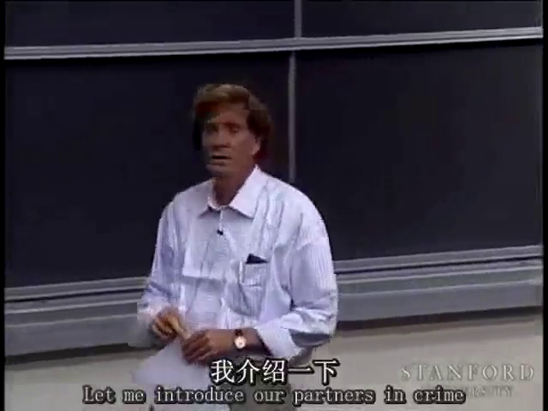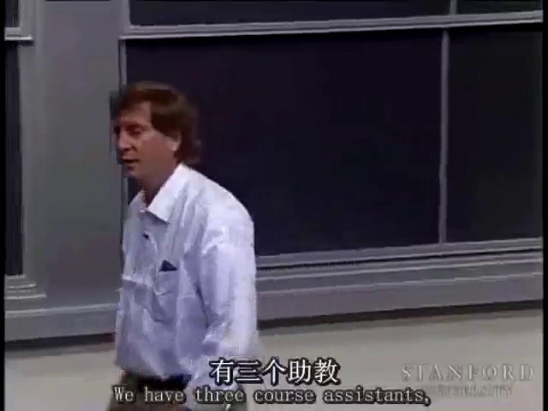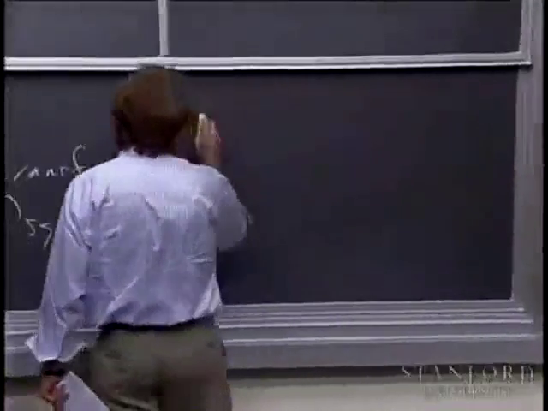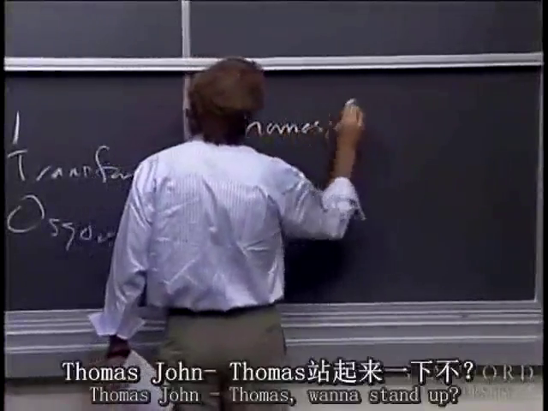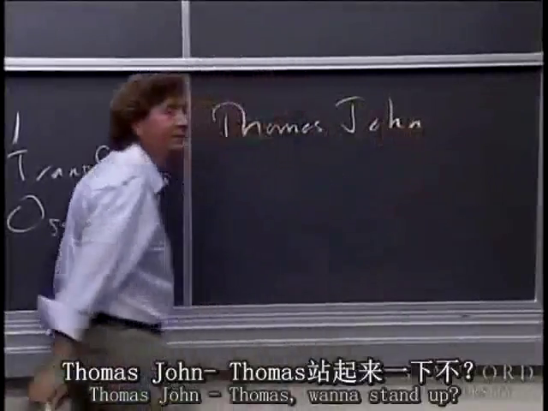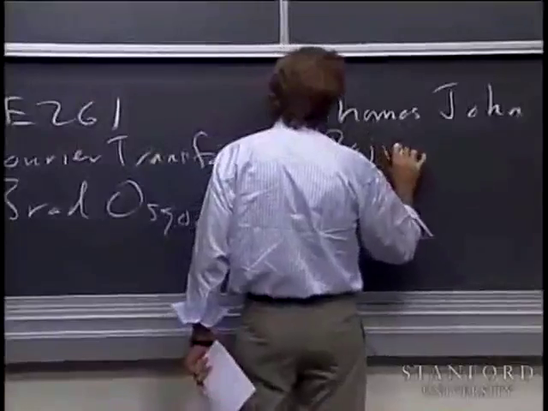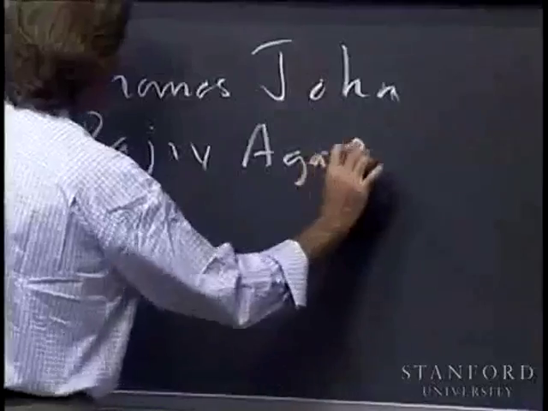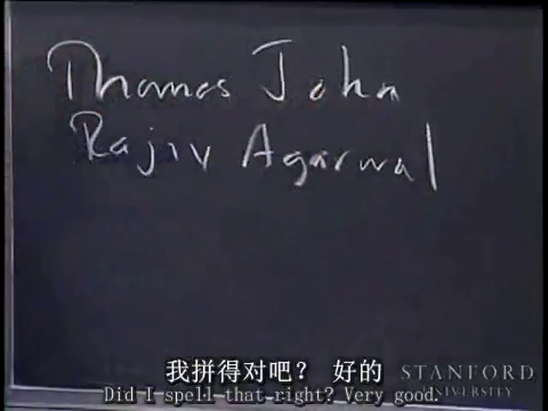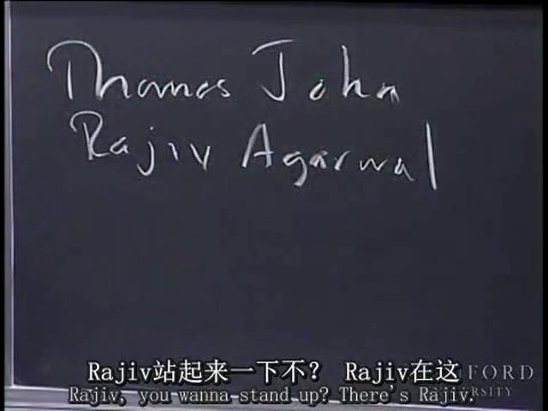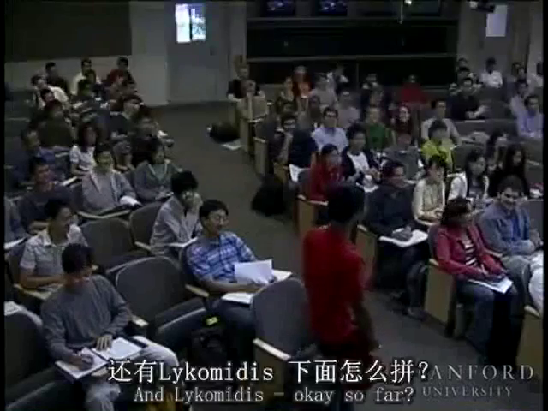Let me introduce our partners in crime in this course. We have three course assistants. Thomas John. Thomas, you want to stand up? Where's Thomas? There we go. Rajiv Agarwal. Did I spell that right? Very good. Rajiv, you want to stand up? There's Rajiv.